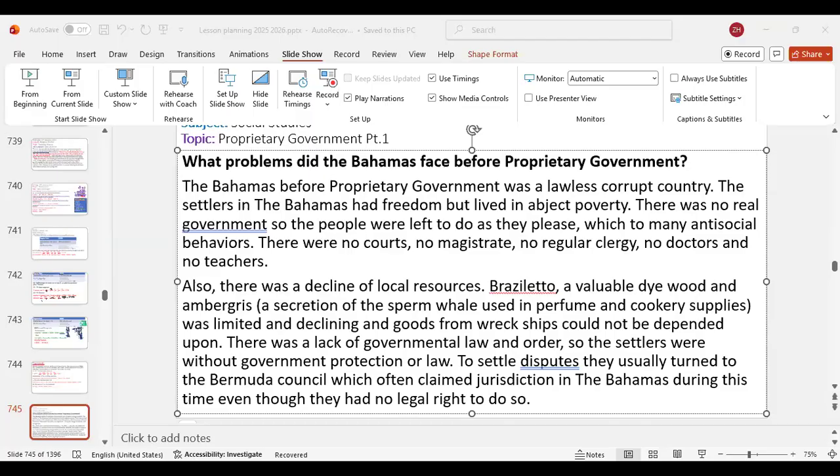Very good. What was ambergris used for? Perfume and cookery supplies. Very good. But these two things were in decline, right? So before proprietary government, the Bahamas was basically in a lawless state.